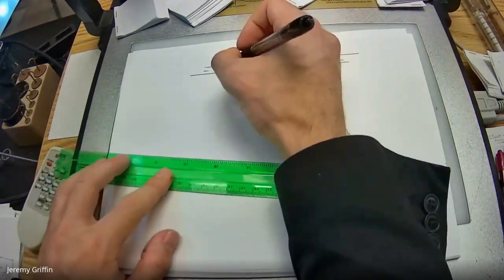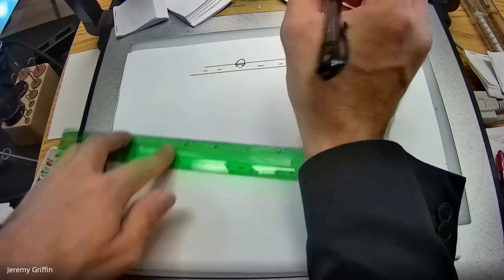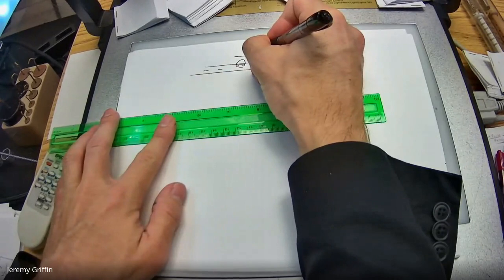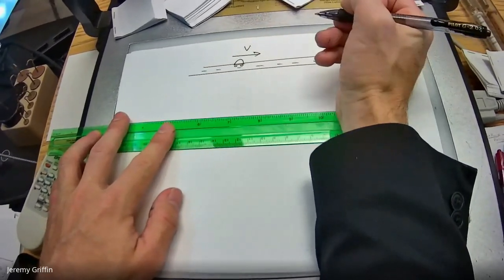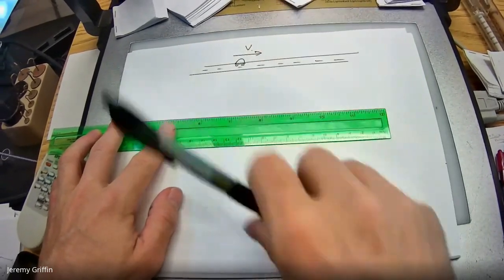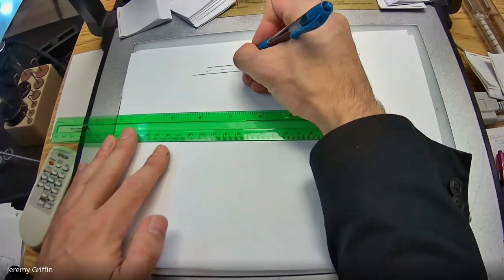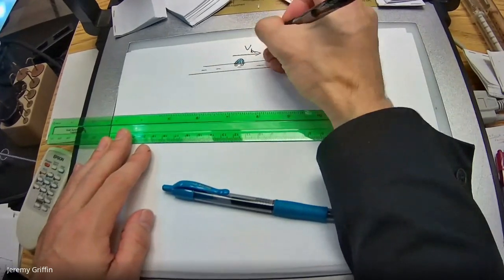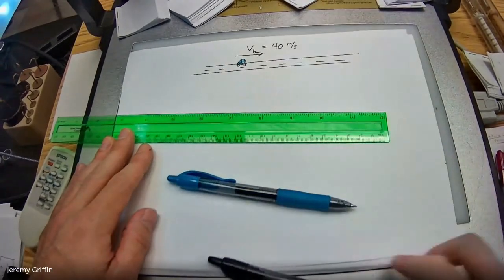We got this speeding car, and I'm going to give it a speed. Call it blue. I'm going to call it V sub B, B for blue. Let's call it 40 meters per second. That's a good speed.